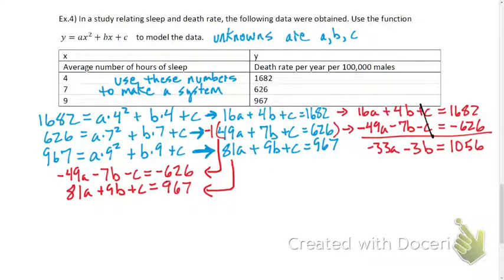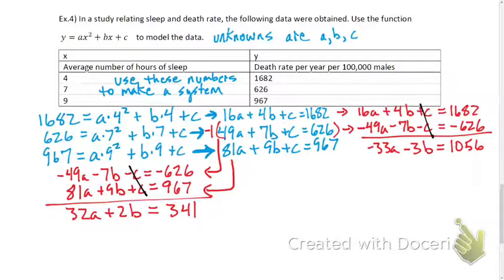When I combine these two, the c's cancel out. And I end up with 32a plus 2b equals 341. So now I have two new equations. I made it through steps 1 and 2.